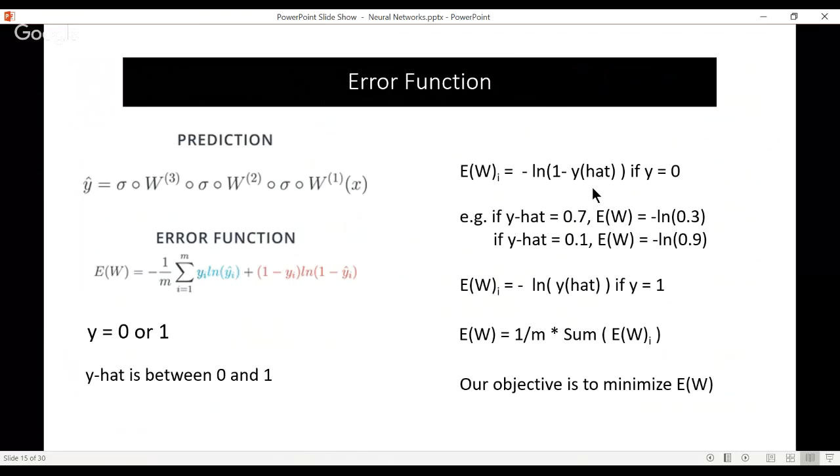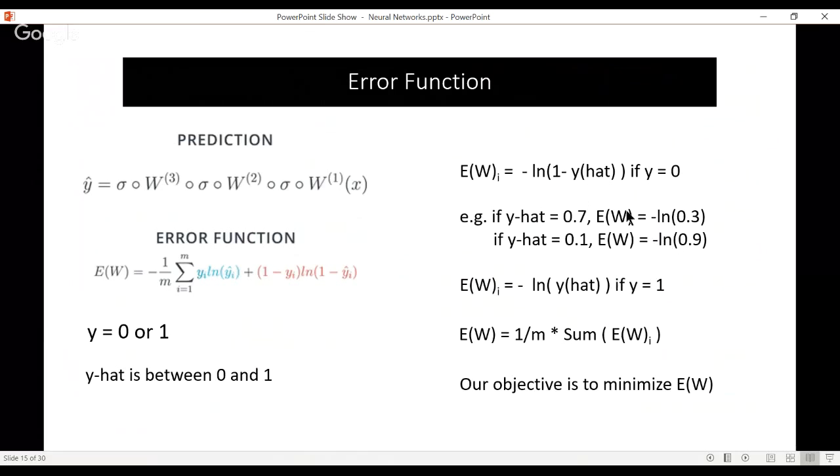Now, if the predicted y hat is 0.7, it's going away from 0, so your weights are predicting exactly the opposite. That means you need to reduce this error. You have a higher error. On the other hand, if your y hat is 0.1, it's closer to 0, so your weights are going in a good direction. They're doing a good job, so you have a lower error.